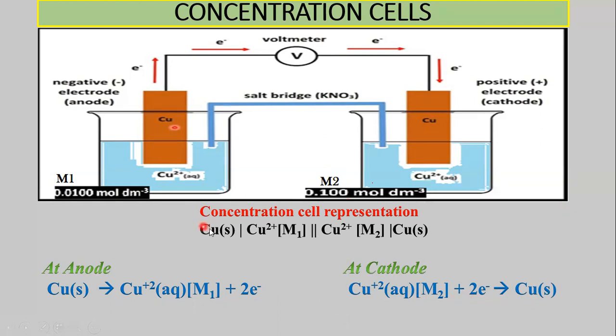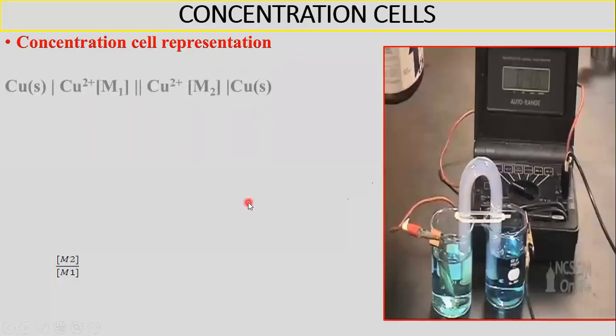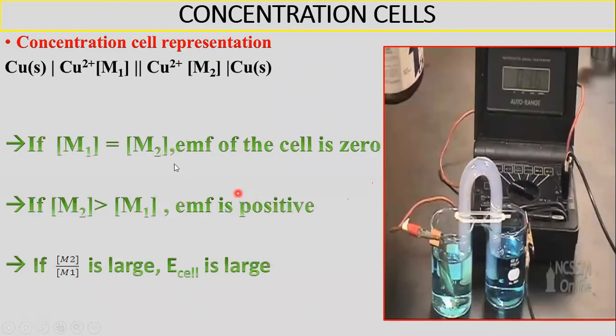We have seen the cell representation. Now, if both the concentrations are equal, no flow of current will take place, or the EMF is found to be zero.